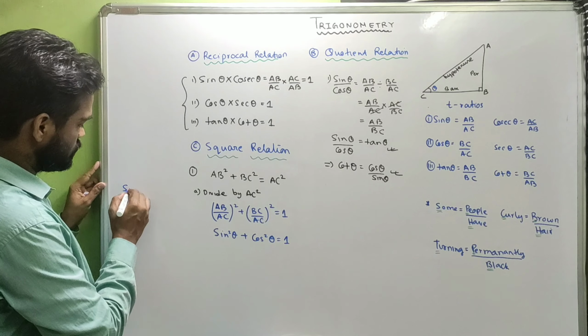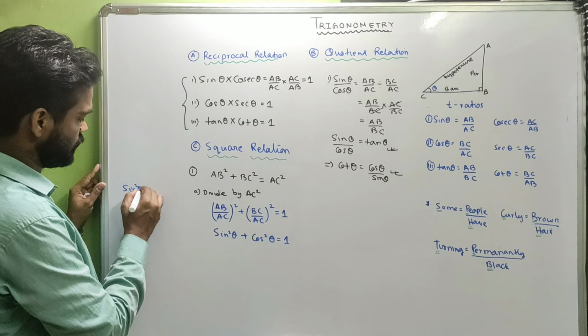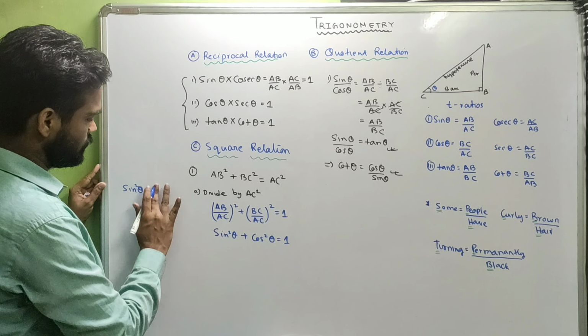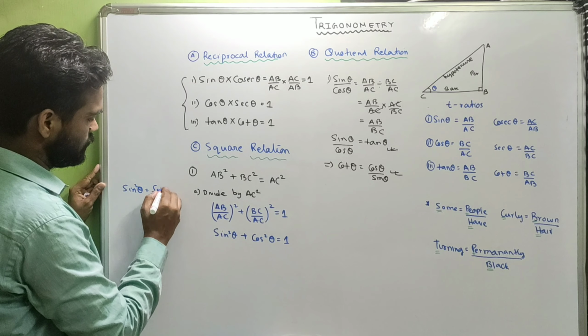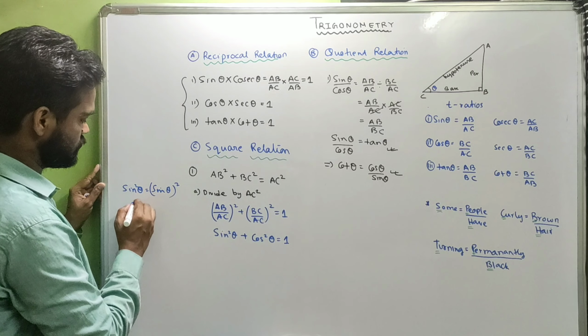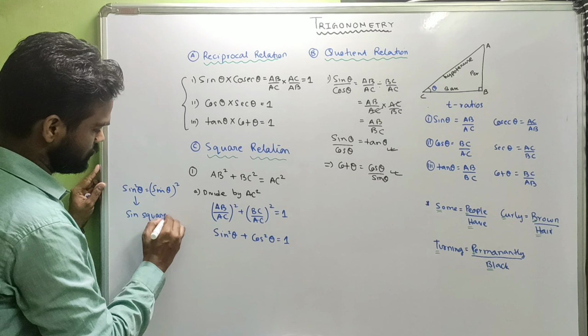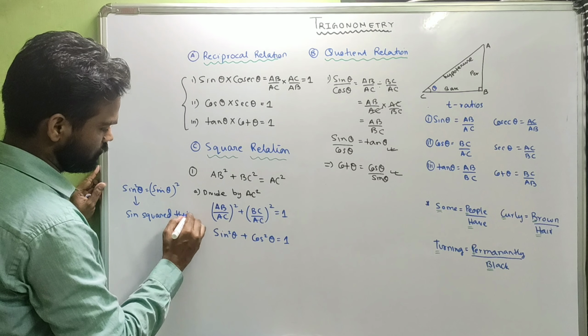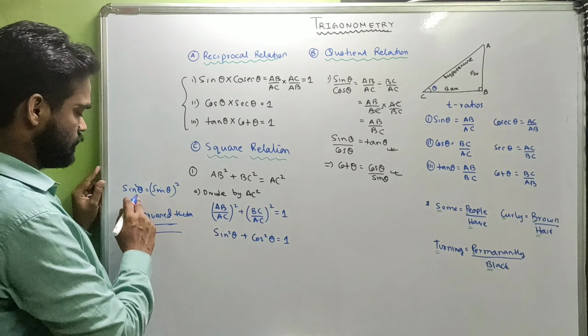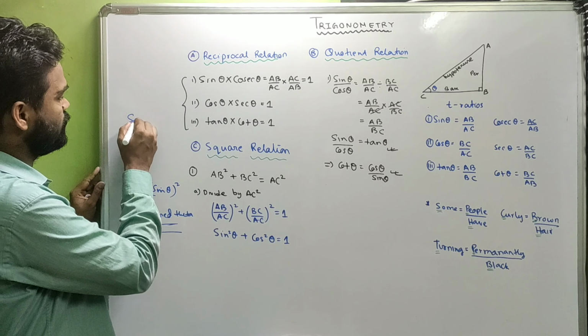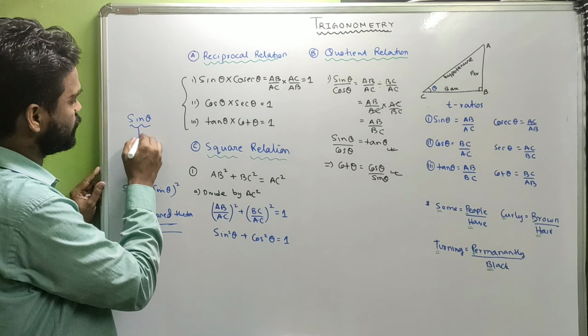Remember, sine square theta is the same as sine theta whole square, and it is read as sine squared theta. Am I clear? These two mean the same thing. Remember, sine theta is one term.